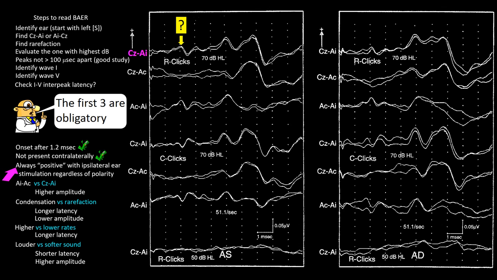Next, a real wave 1 should always be positive regardless of the stimulus polarity. In rarefaction, it is positive, and with condensation, the corresponding wave is negative.